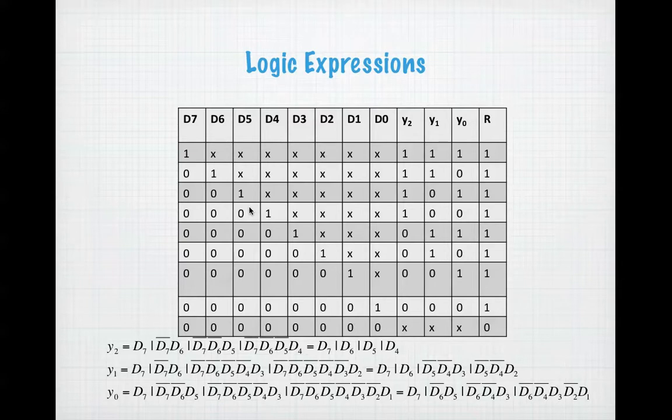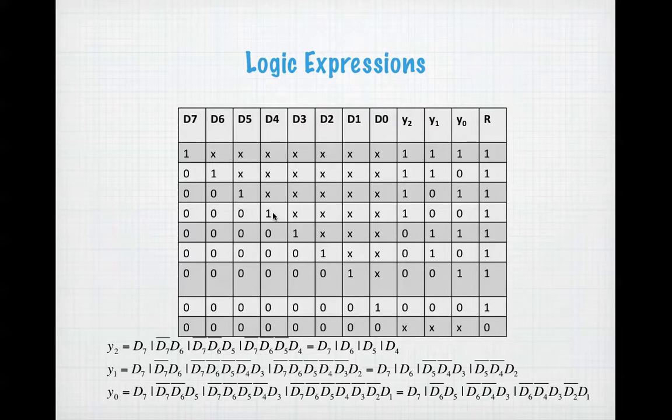And so all we do, we take either d7, as you will see down here, or d7 not d6, which is this one, where that vertical bar simply represents or, as in the C programming language, or d7 not, d6 not, and d5, as you can see that's the case here. And finally, it could be d7 not, d6 not, d5 not, and d4.